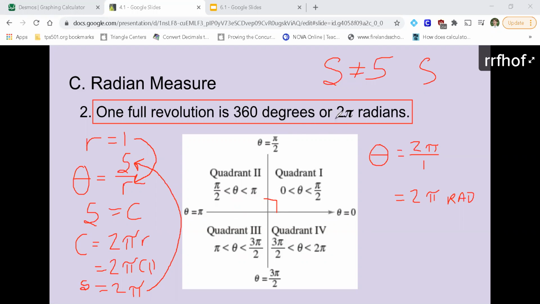So this conversion rate basically tells you all of the information you can pull here. If your angle is between 0 and pi over 2 radians, that is equivalent to 0 to 90 degrees. If your angle is between pi over 2 and pi radians, that means it's between 90 and 180 degrees. Pi to 3 pi over 2 would be 180 to 270. And 3 pi over 2 to 2 pi would be 270 to 360.